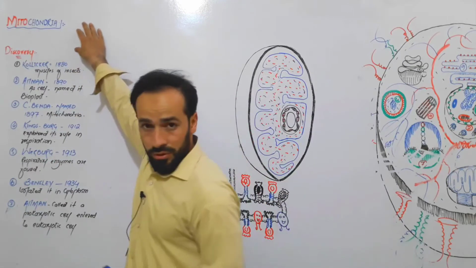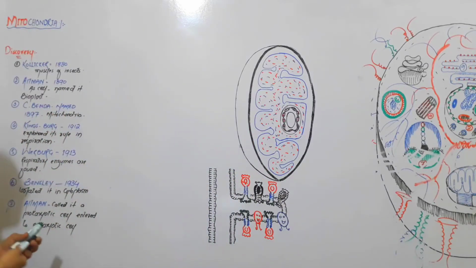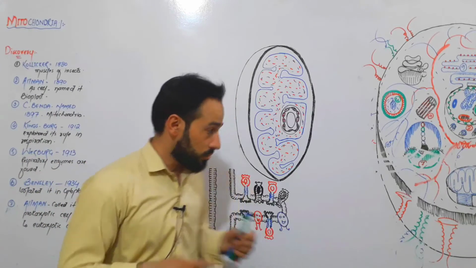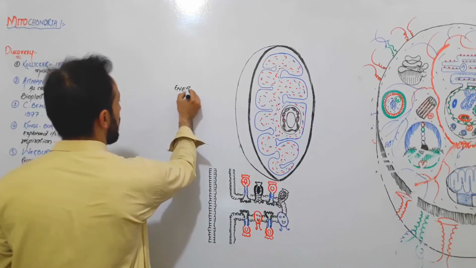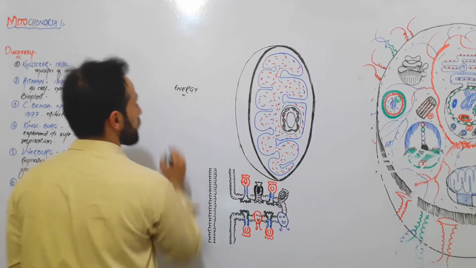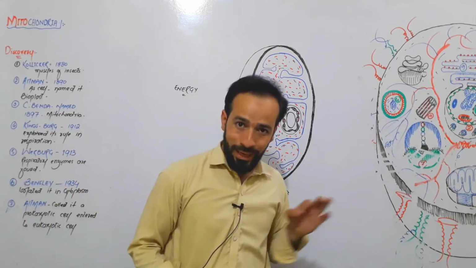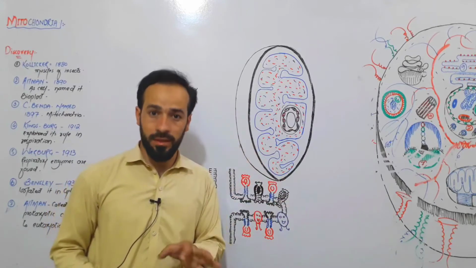I'll define mitochondria as we know that mitochondria produce lots of energy for the cell, right? We say that mitochondria are responsible for making energy for a cell. If a cell is working well, keep in mind that its mitochondria are working well, right?